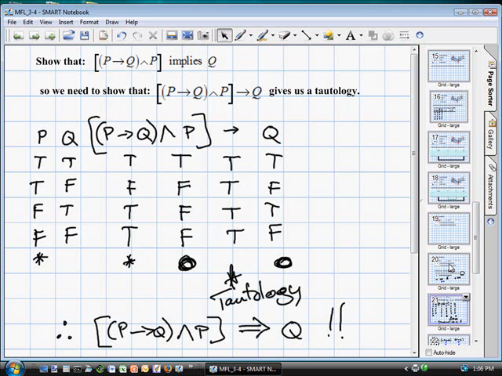Good news, we only have 2 letters, so we only need 4 lines. If P then Q, you know by now it's only false when true on this side and false over there. So there's my only F. Okay, now I got to AND that with P. So I have to take this column and this column and AND them.